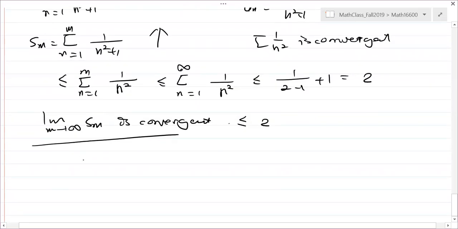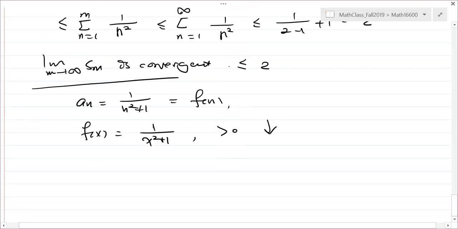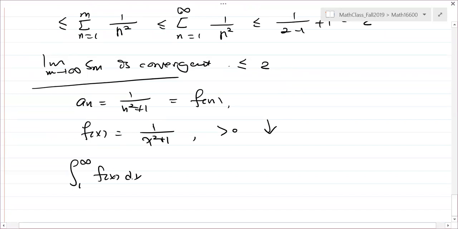So the term 1 over n squared plus 1 equals f of n, and my f of x equals 1 over x squared plus 1. So this is positive and decreasing. As long as you can prove this integral is convergent, and if we can even estimate the value, I can get the result for the series.